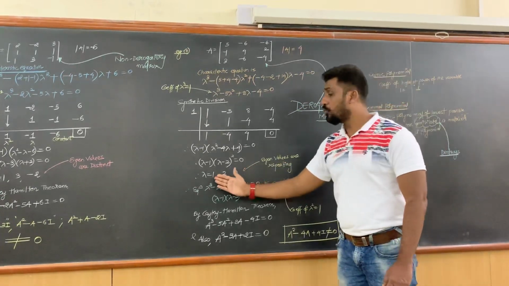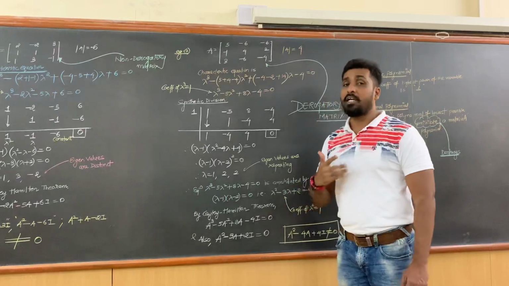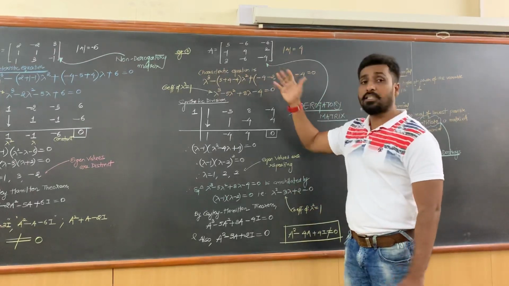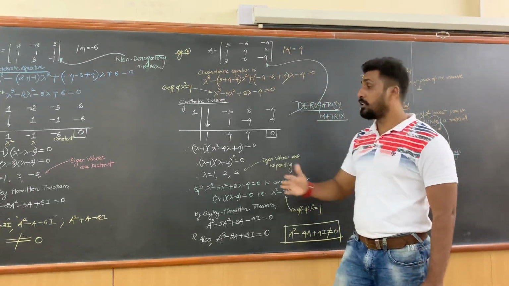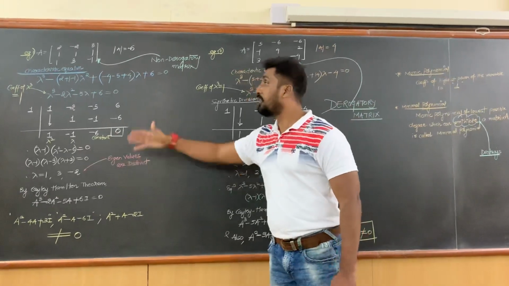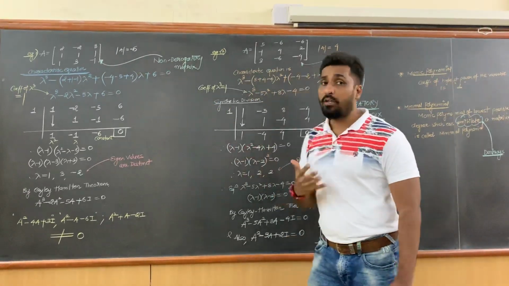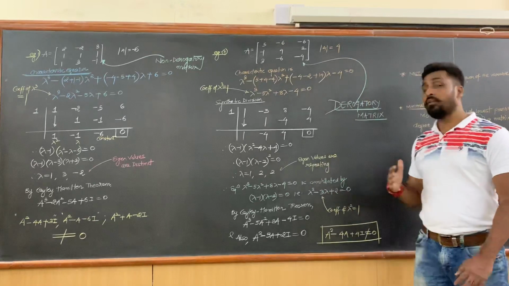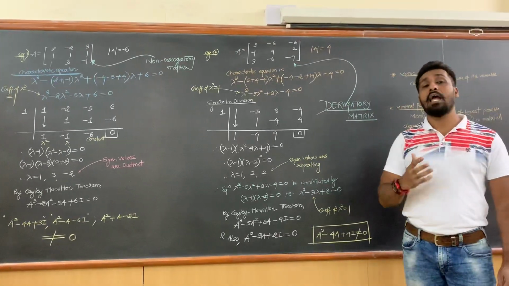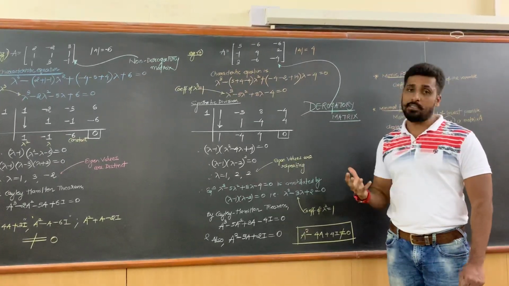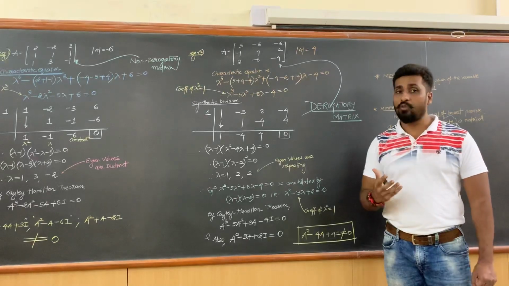Here the eigenvalues are 1, 2 and 2. 2 has repeated. That means the particular matrix is going to be a derogatory matrix. Here the eigenvalues are distinct. Hence the particular matrix is a non-derogatory matrix. So people, this is what the concept of derogatory and non-derogatory matrix is. Revise it very carefully. Thank you.